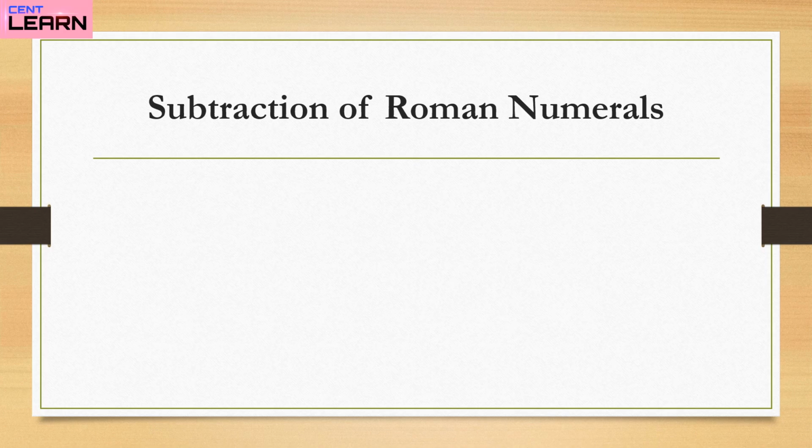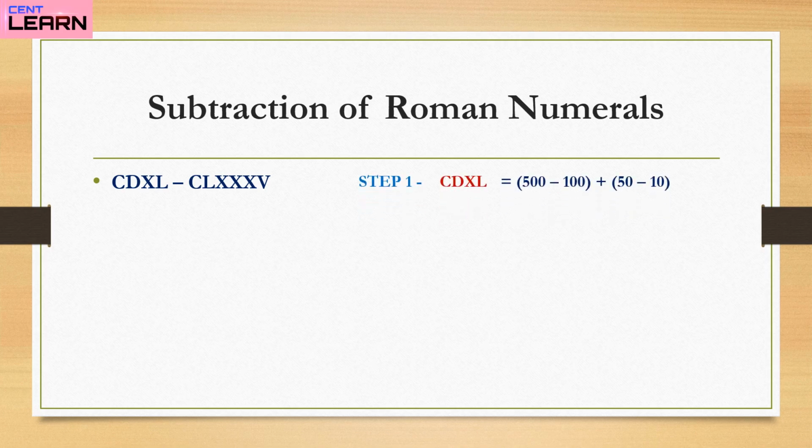Subtraction of Roman numerals. CDXL minus CLXXXV. CDXL. CD is equal to 500 minus 100 and XL is equal to 50 minus 10. So 400 plus 40 is equal to 440. CLXXXV is equal to 100 plus 50 plus 30 plus 5 is equal to 185.